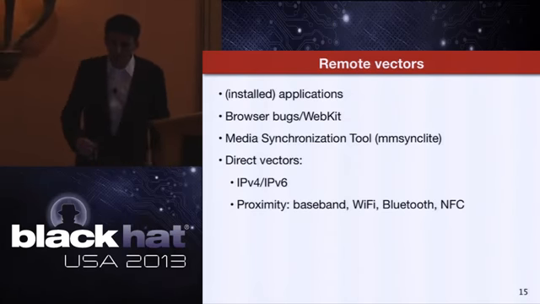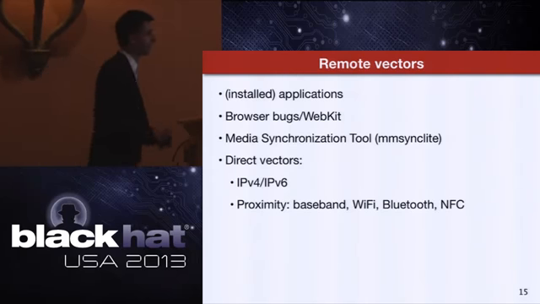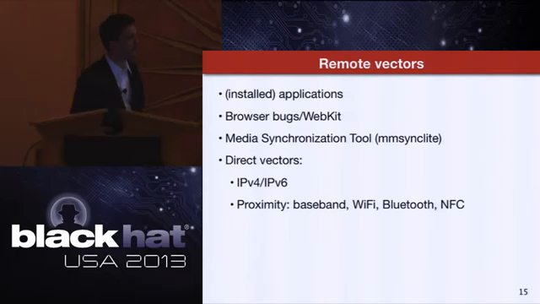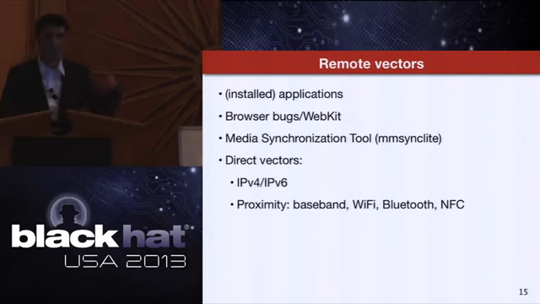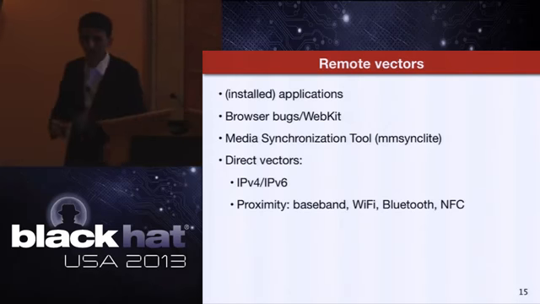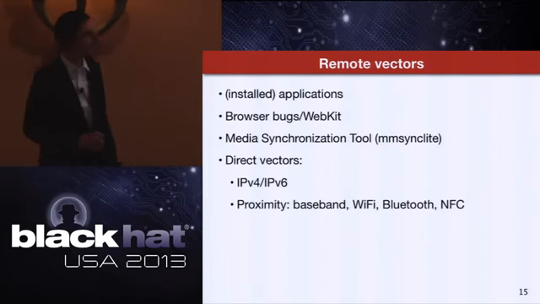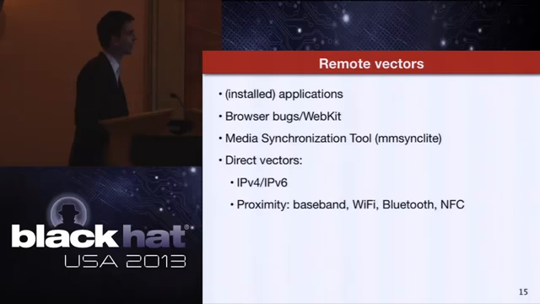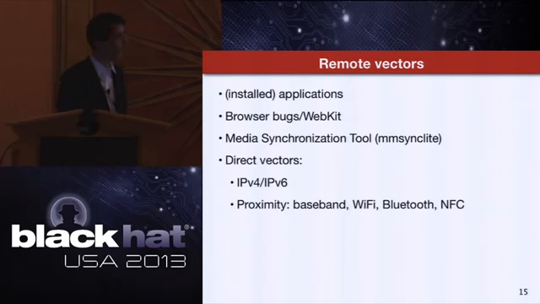There is the media synchronization tool, which I found interesting. So this is called MMSyncLite. I find that particularly interesting because this is something for basically generating thumbnails of all different multimedia files that drop on your platform. And this runs in the background, and obviously it needs to parse those image files.